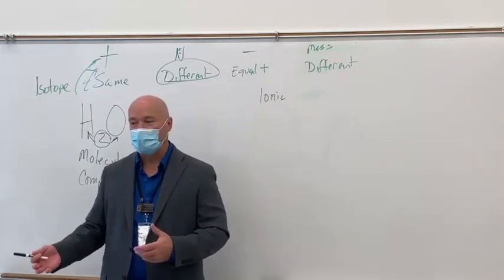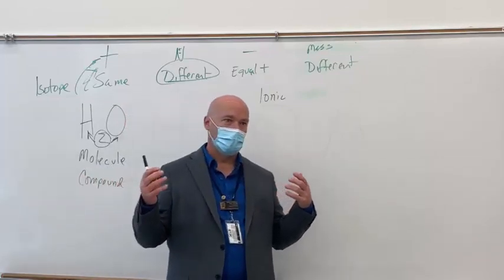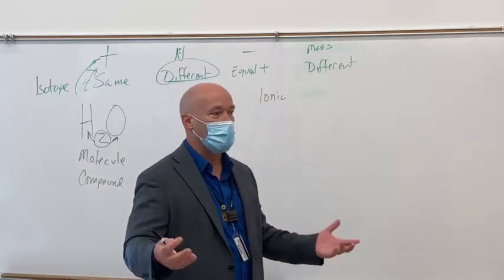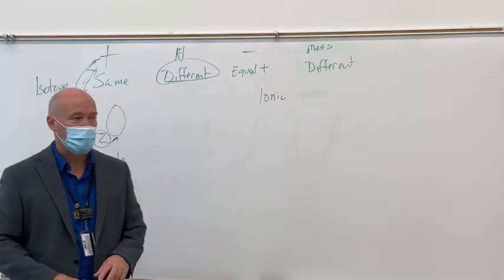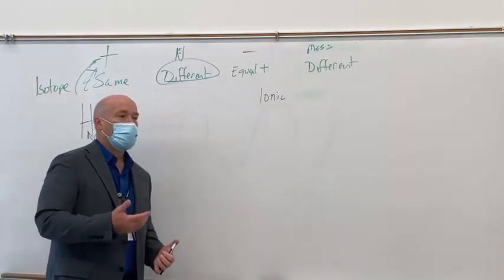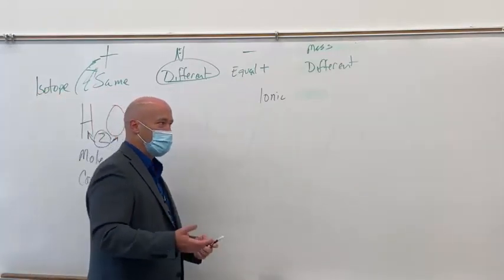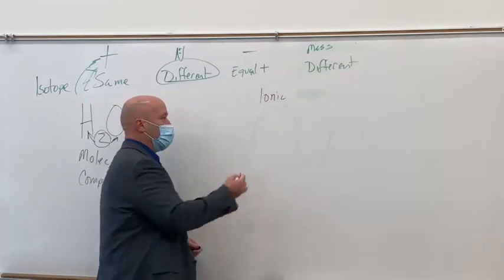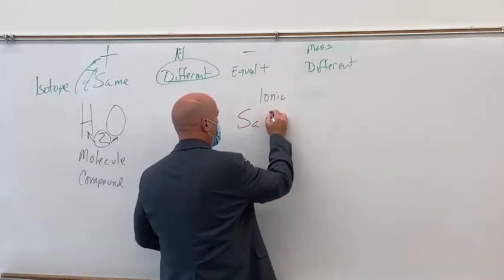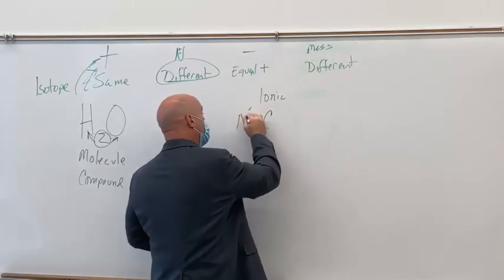The definition of an ion is just that it is an element that has a charge. That's all it means. It's a charged particle. So the most common ion, or one of the most common ions, and certainly one that you're familiar with, is table salt, right?